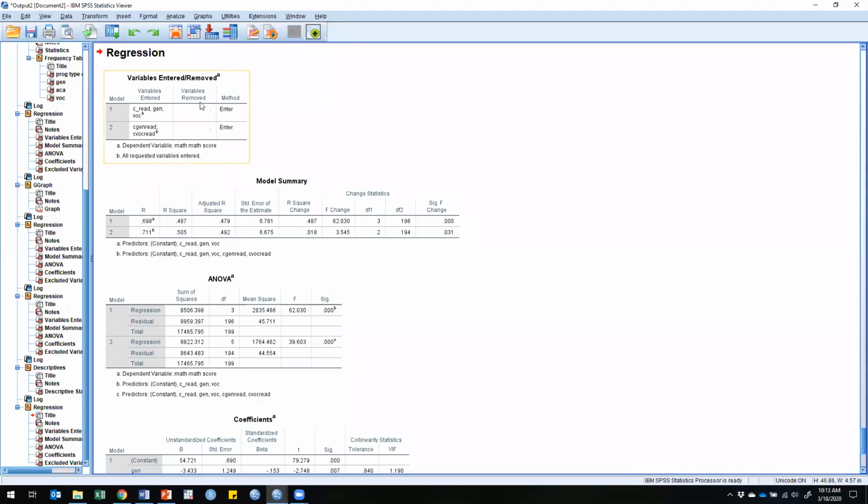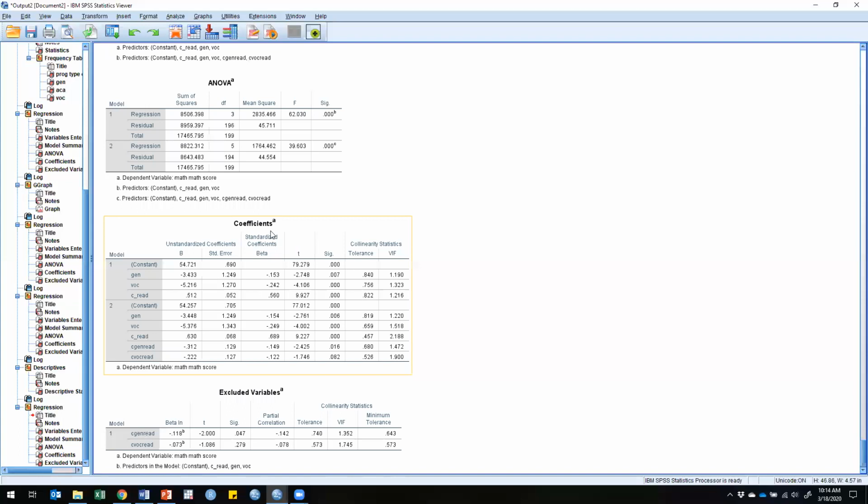So notice in the regression output that the model summary information is all the same. Centering doesn't affect the R square values. Our F change value here is still the same. The addition of the interaction terms is still explaining an additional 1.8% of the variation. We still have the same ANOVA F statistics here.